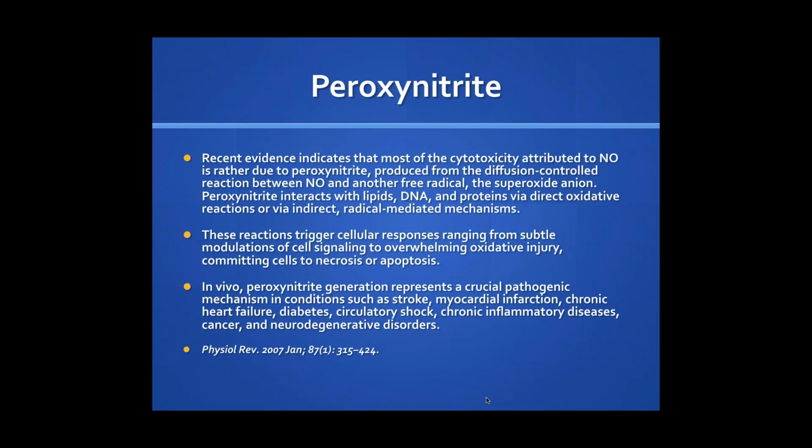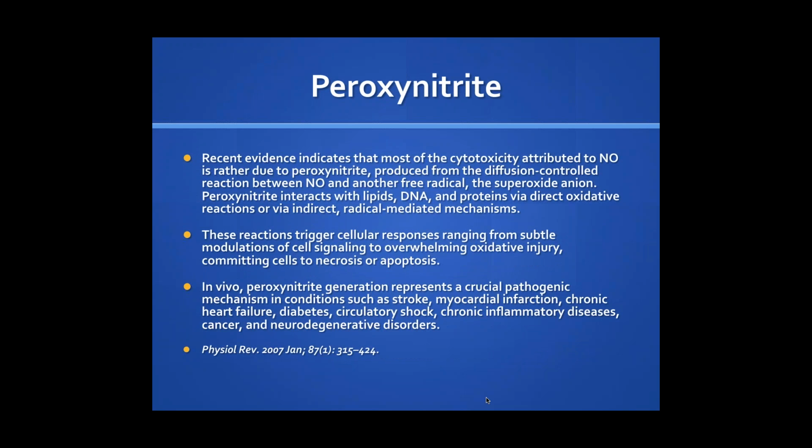In some studies, recent evidence indicates that most of the cytotoxicity attributed to nitric oxide is rather due to peroxynitrite produced from the diffusion-controlled reaction between nitric oxide and another free radical, the superoxide anion. Peroxynitrite interacts with lipids, DNA, and proteins via direct oxidative reactions or via indirect radical-mediated mechanisms.